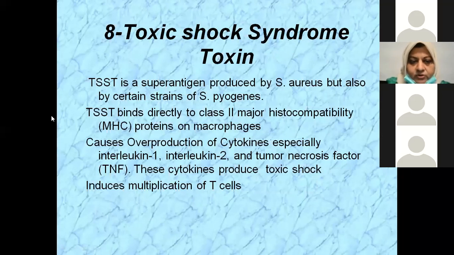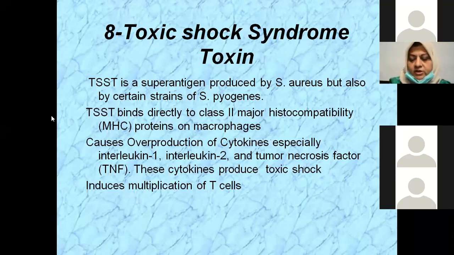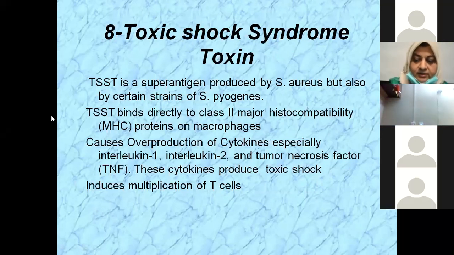Toxic shock syndrome toxin is produced by a gram-positive bacteria. And you see that exotoxins are produced by both gram-positive and gram-negative bacteria. So it directly binds with proteins on the macrophages, and they cause overproduction of certain cytokines that are secretions from the macrophages. And these cytokines produce toxic shock. And it induces multiplication of T cells.